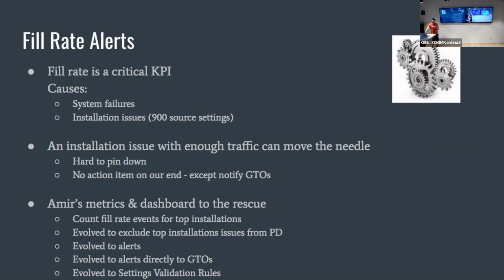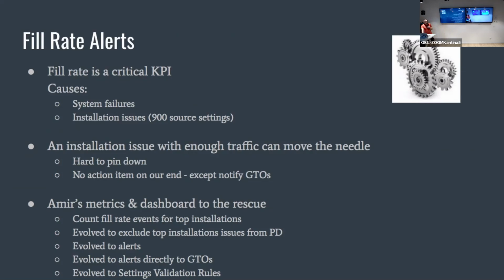And even if we drill down and find a specific widget that's causing it, we don't have anything to do except notify the GTOs that own this installation, and try to work with them on how to find the setting or the inventory issue, but we can't fix it ourselves.